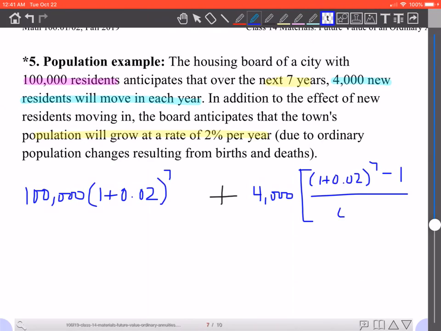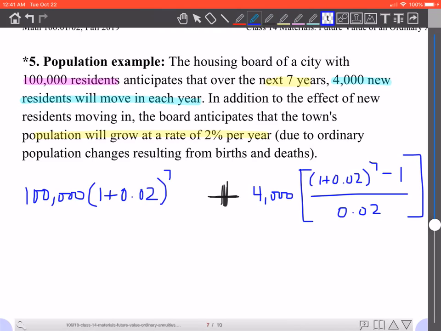So population examples that involve two sets of people growing at 2%, in this case 2% a year for the next 7 years, requires two separate calculations, but you're going to add those two separate calculations together. So again, on the left hand side we've got the 100,000 residents that were already living there, growing at 2% for 7 years.